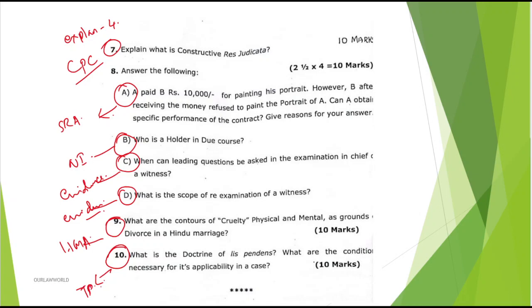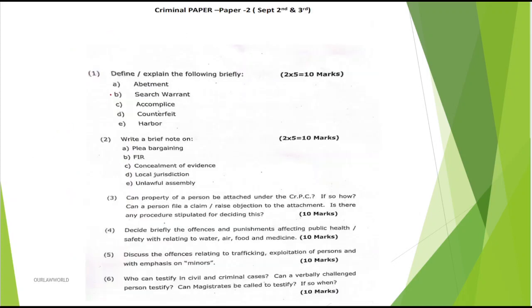So now you know the questions and the coverage, from which subjects these questions are given. Now if you go into the criminal paper, the first one is definitely a combination of both CrPC and IPC.